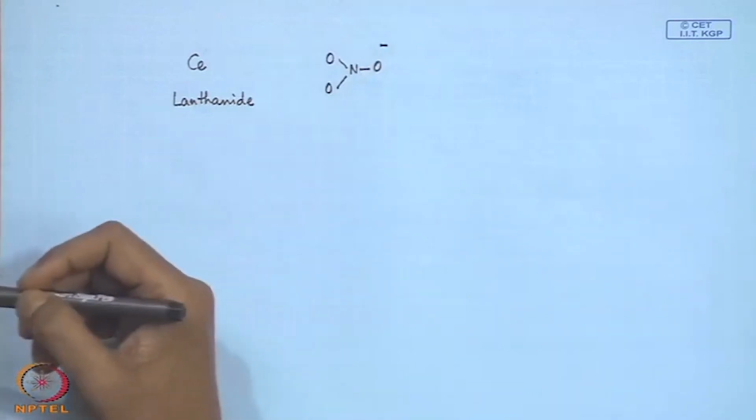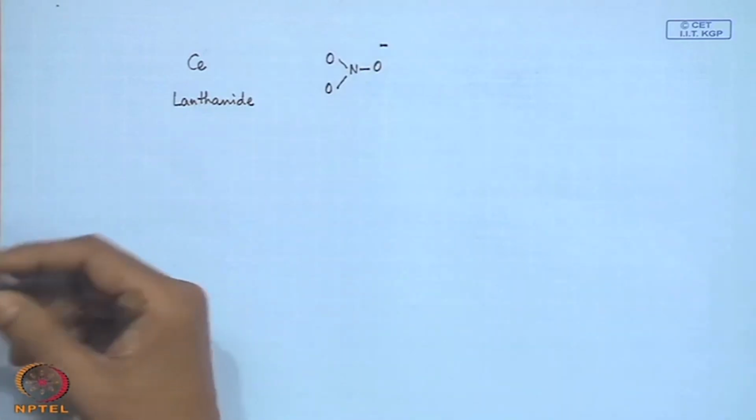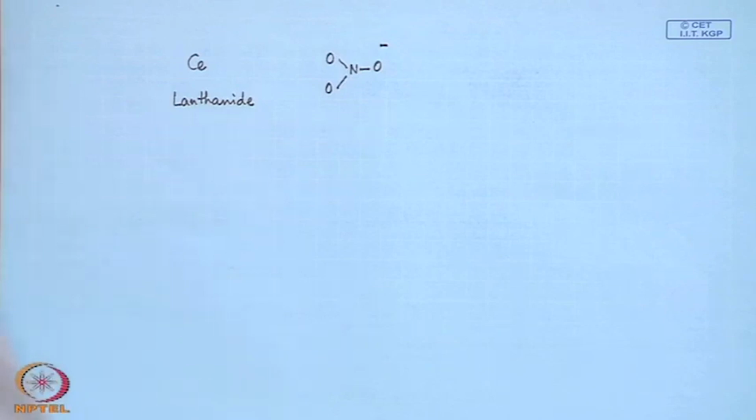So, how many nitrates can we accommodate around a cerium center, that is our question to think.